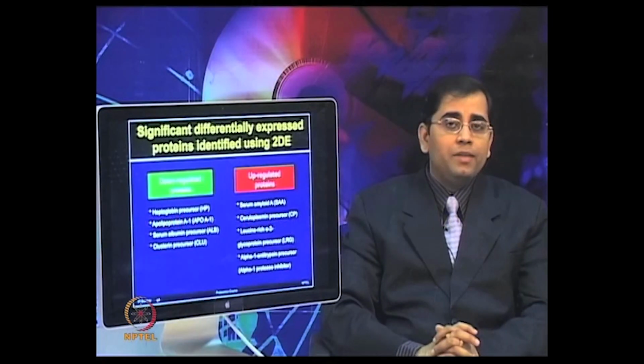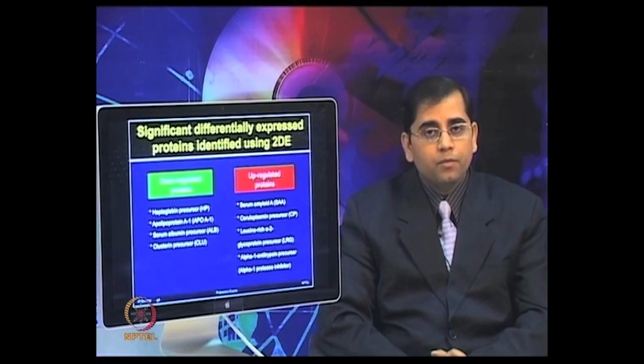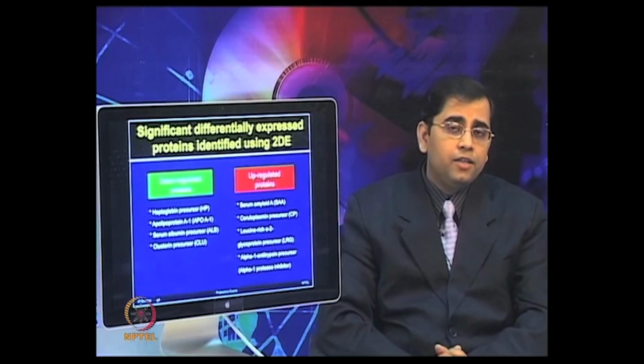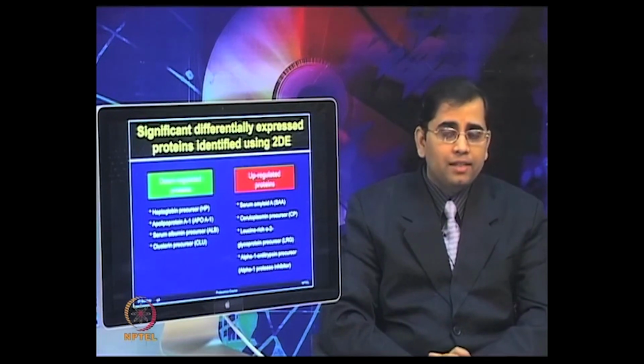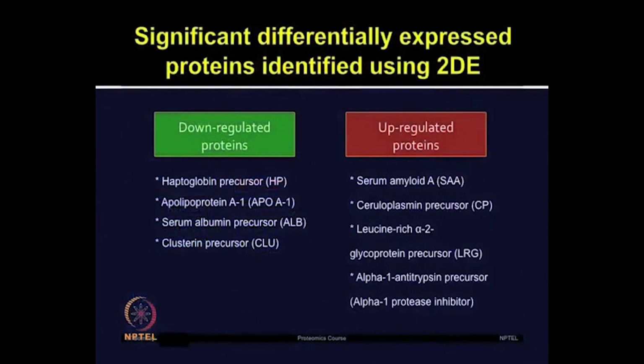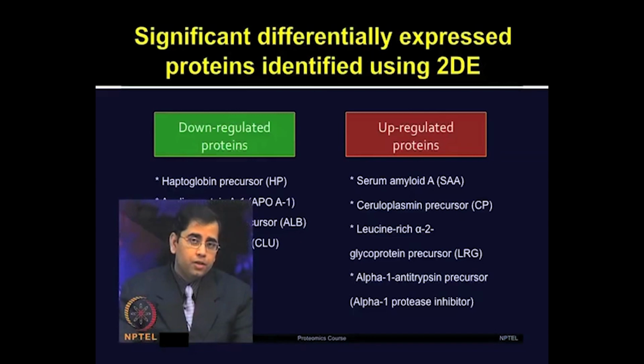But at the end, from these mass spectrometry experiments, one can obtain the identity of these proteins, and as you can see in the slide, several proteins in the human host were differentially expressed due to the Plasmodium vivax infection.